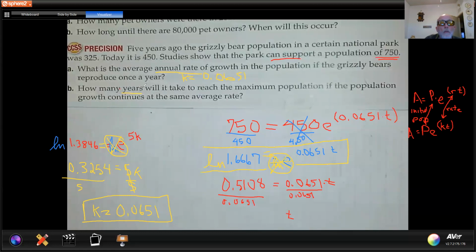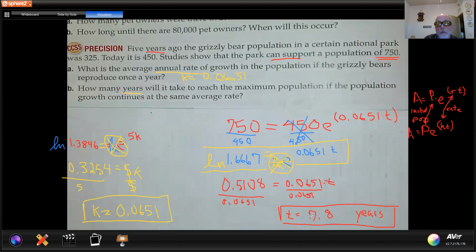Because we're looking for how many years. It was measuring in years. So how many years did it take? What did you get? Did you get the same answer I got? Let's see. Did you get 7.8 years? That's what I got, 7.8 years.